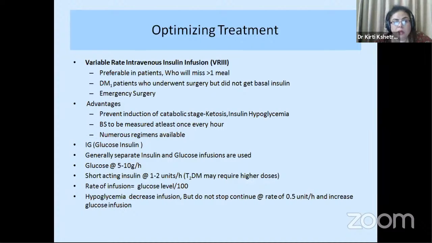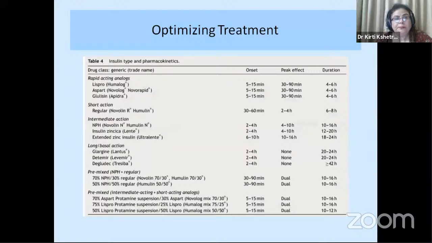The rate of infusion is calculated by taking the blood glucose level and dividing it by 100. In hypoglycemia, we have to decrease the infusion, but never stop it, and keep it minimal at 0.5 unit per hour to meet the basal requirements.